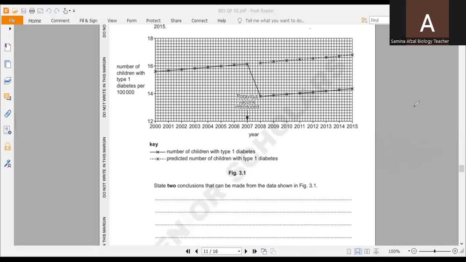So you can see this solid line actually represents the actual number of children, and the dotted line shows the predicted number.